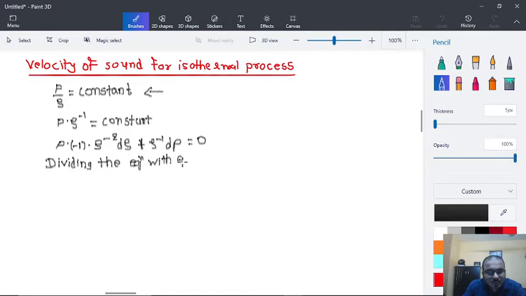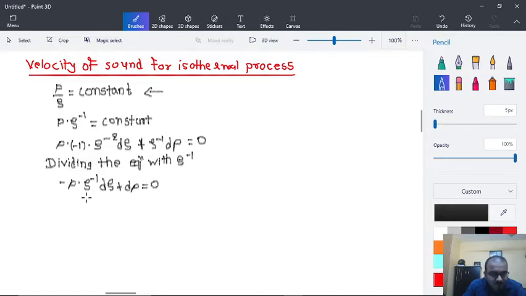So what we will be getting here is minus P rho inverse 1 d rho plus dp is equal to 0.